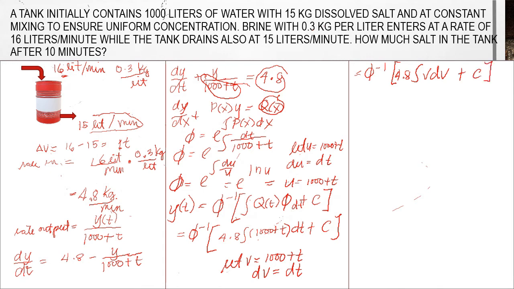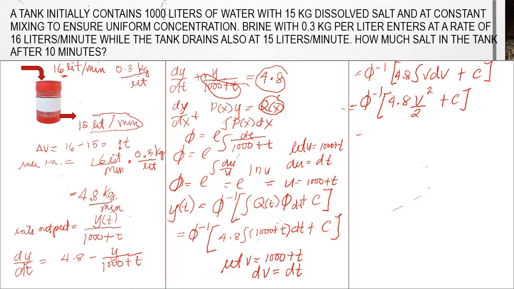So that makes it phi inverse times 4.8 v squared over 2 plus c.